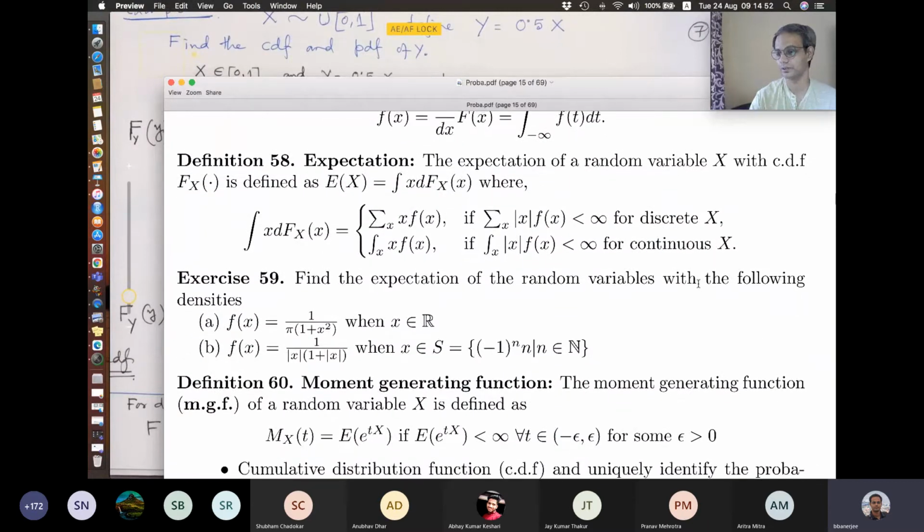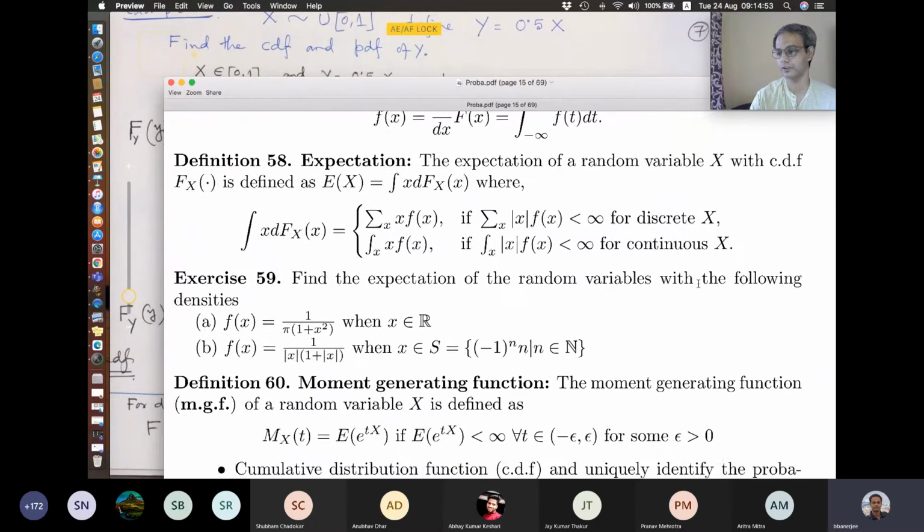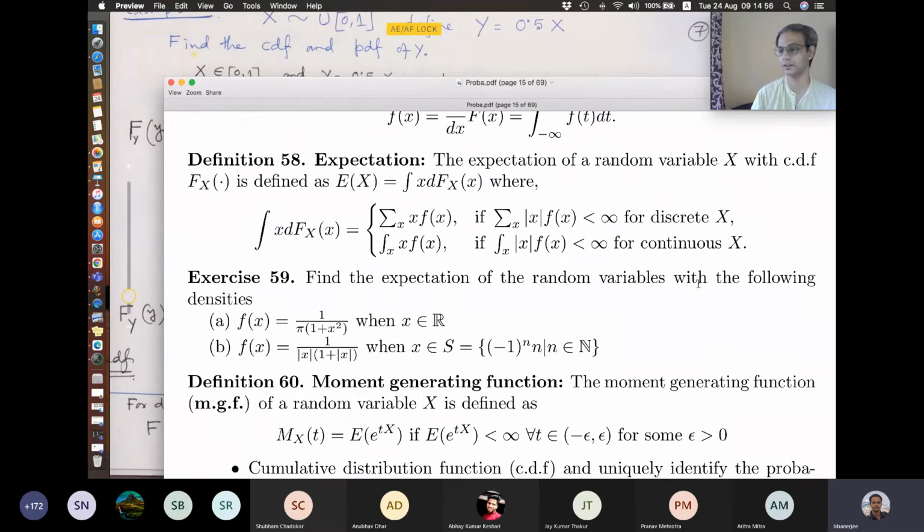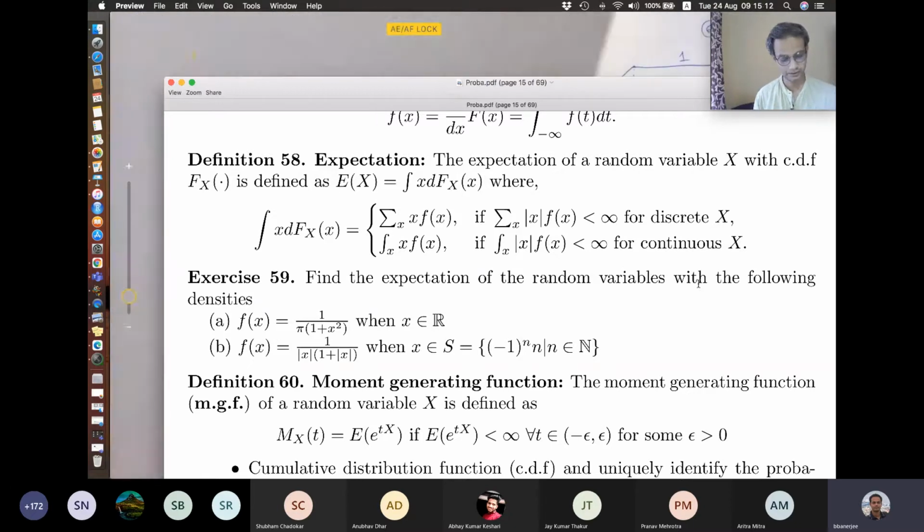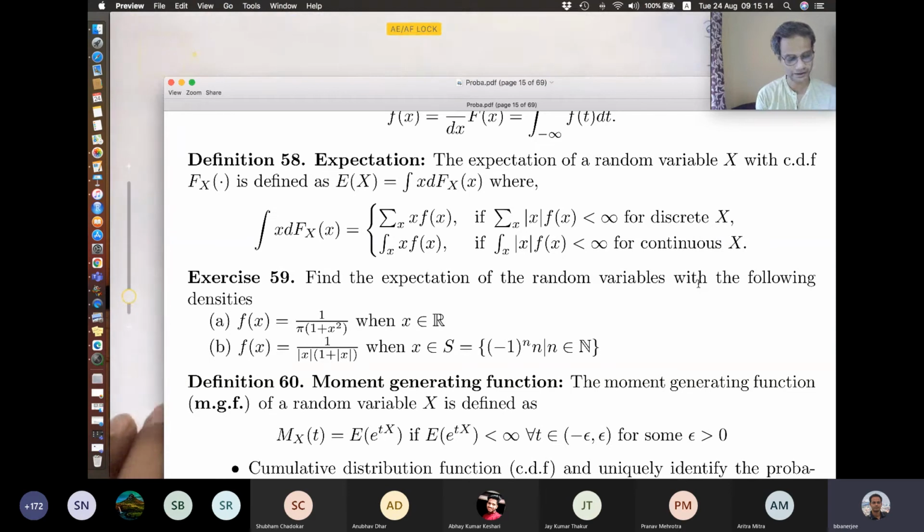So now we are going to introduce another interesting idea, which is known as expectation. So let us do some introductory part for that. Have you studied moment in physics?